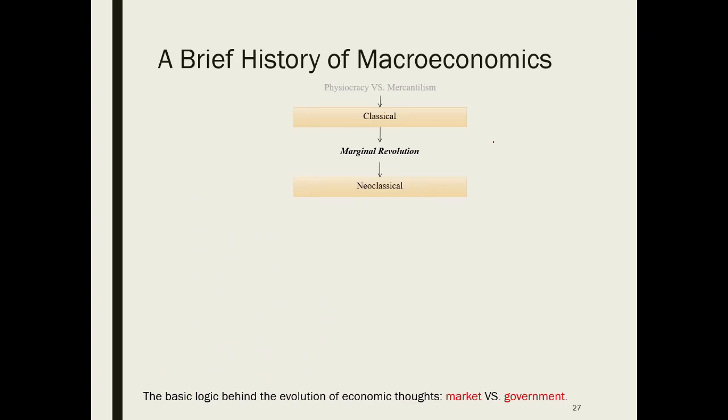A useful logic to understand the evolution of economic thoughts is the relationship between market and government. Before modern economics was even born, there were two contradictory viewpoints on whether markets or government should take the lead in managing the economy. The physiocracy argues for market allocation, while the mercantilism argues for government intervention.